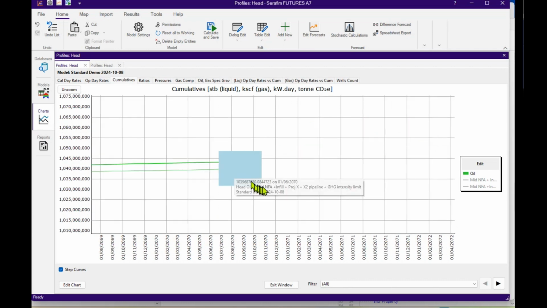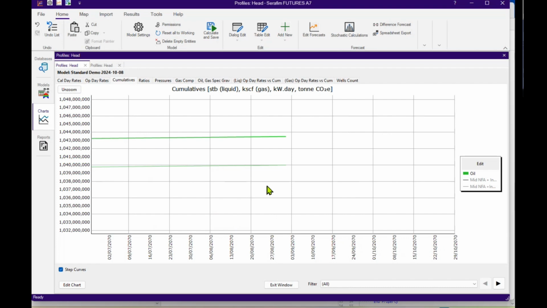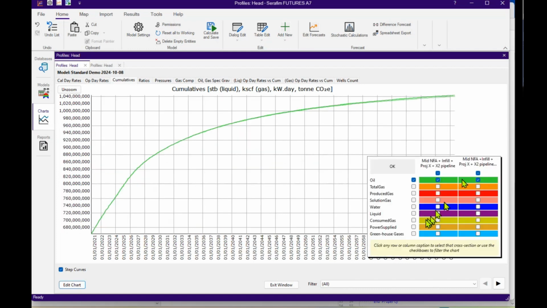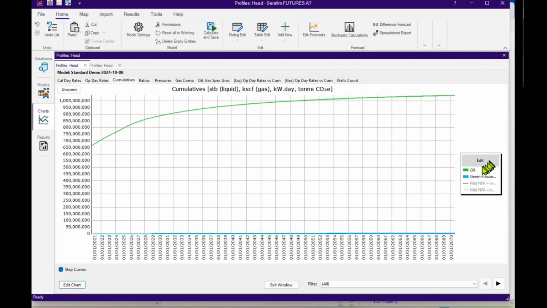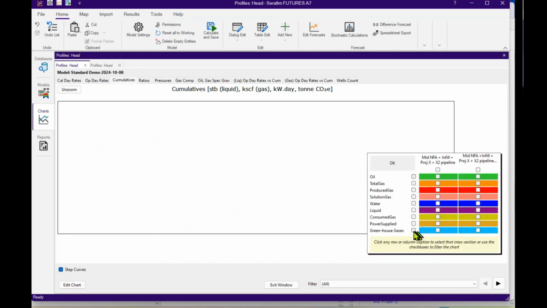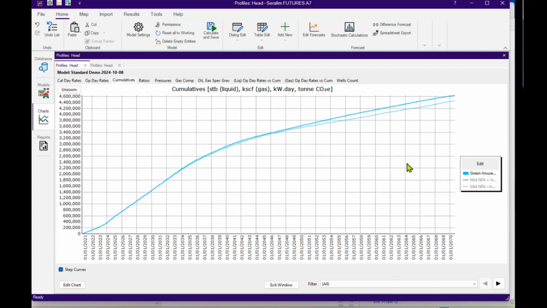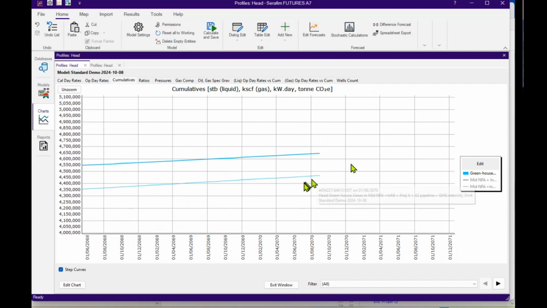So we'll see that the intensity limit reduces our oil production by approximately 3.5 million barrels, our oil cumulative, and that's reducing the CO2 emissions by approximately 200,000 tons.